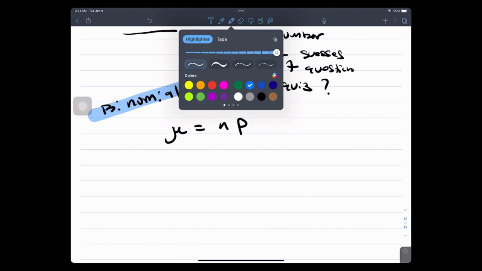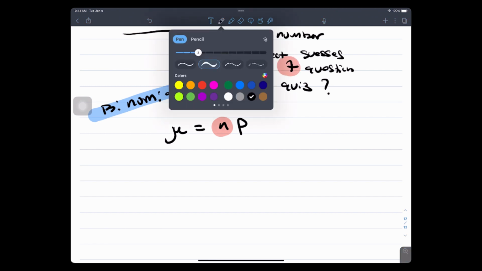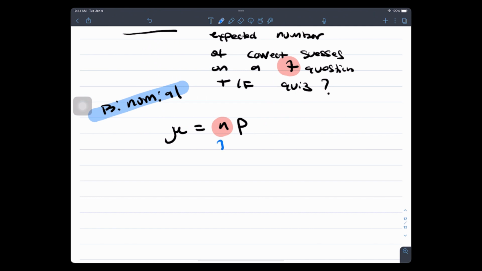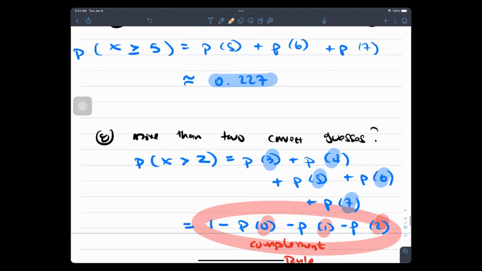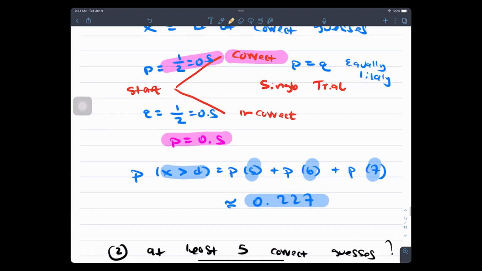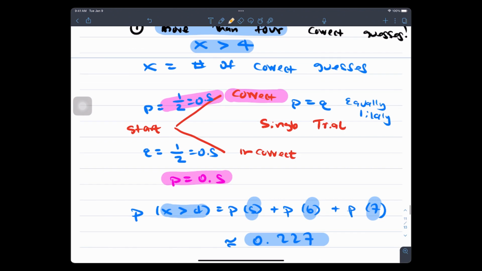Okay? You just have to know what n is. What is n, ladies and gentlemen? Do you guys remember? 7. Outstanding. N is 7. Good. What is little p? This was the last example. What was little p? You guys remember? Well, a true-false situation. Remember that? 1/2, 0.5.